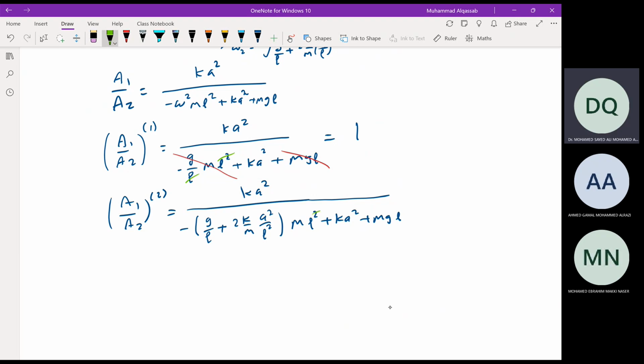So L will cancel with L here, and when you take mgL inside the bracket, this will cancel with this term.